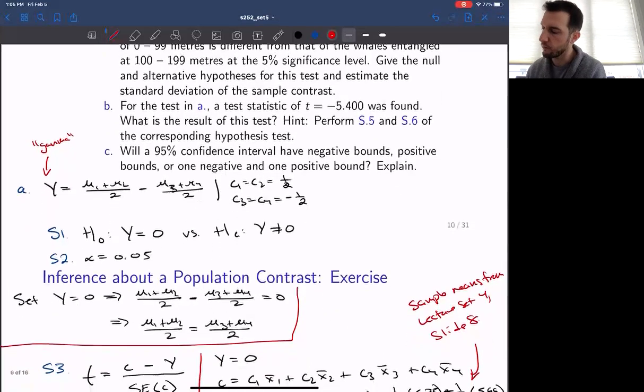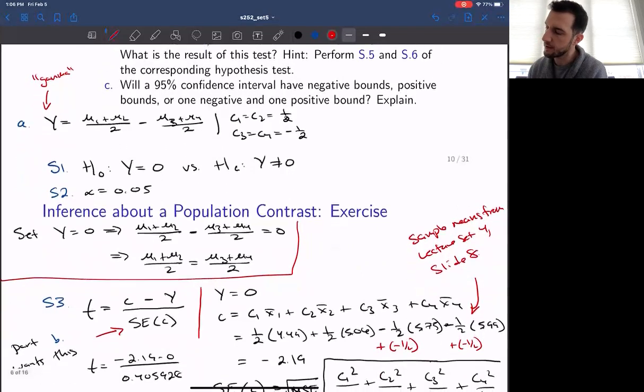This hypothesis test would have null and alternative hypothesis, gamma equals 0 versus gamma not equal to 0. We want to know if there is a difference between the averages of the first two means and the second two means, so we use a two-tailed does not equal test. By setting gamma equal to 0, what you end up with is a direct comparison of the average of mu1 and mu2 to the average of mu3 and mu4.